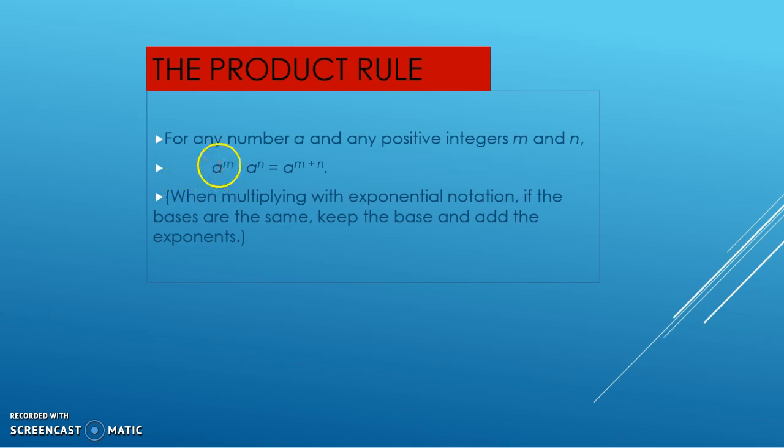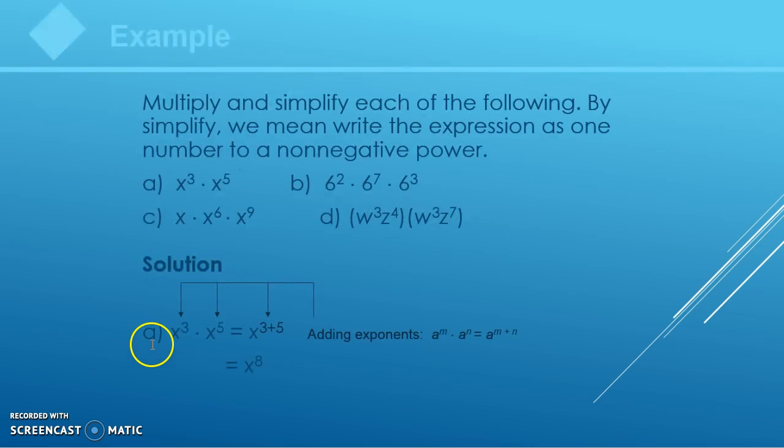I've got a couple of examples for you in here. Here's one right here. If we take x to the 3rd times x to the 5th, that's going to equal x to the 3 plus 5. We're going to add those two exponents together, so it's x to the 8. The only reason it works though is because those bases are the same. Keep that in the back of your mind.